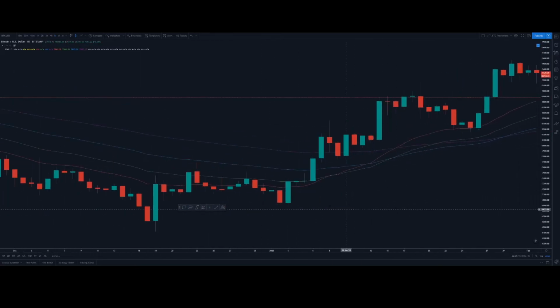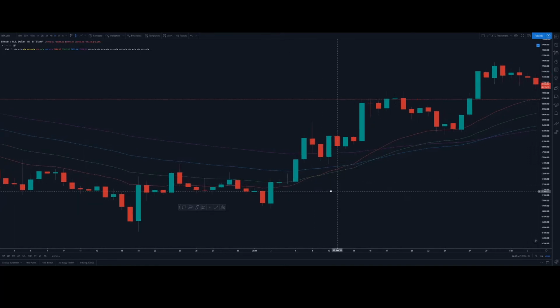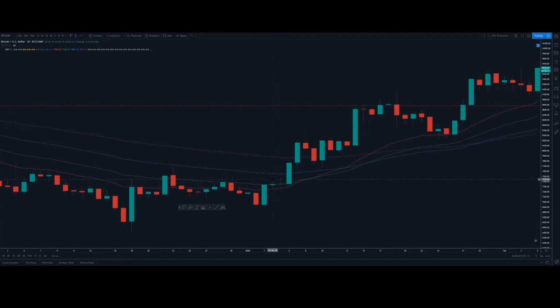And even better news, the next candle, the day after, closed above the 34 daily EMA. These are bullish signals. Look at that. This one also, and it continues its bullish continuation.